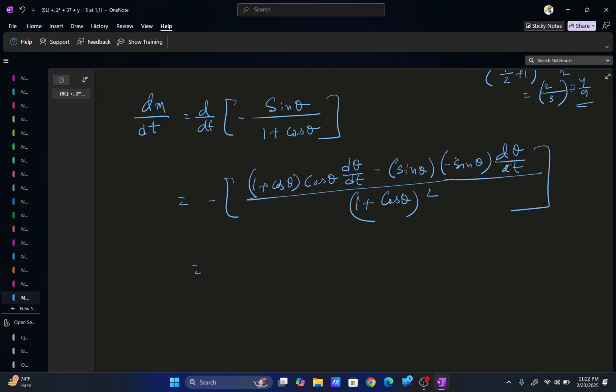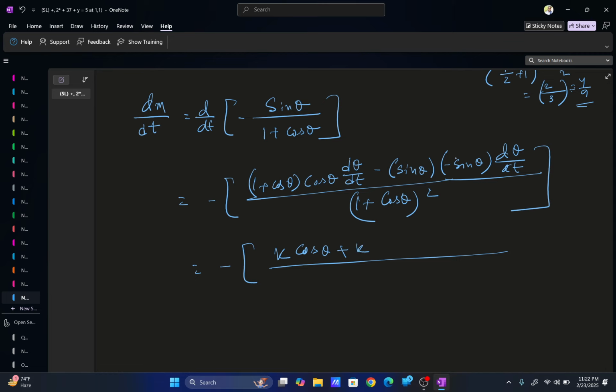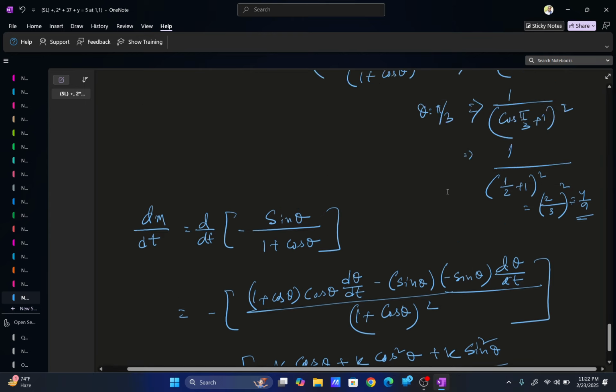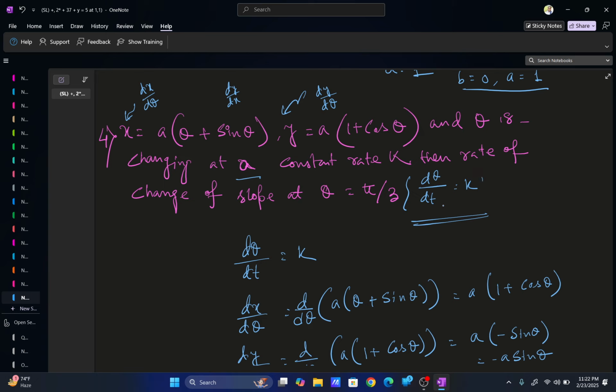So this is basically k cos theta plus k cos square theta plus k sin square theta. So what is the source of k? In the first line we say d theta by dt is equal to k.